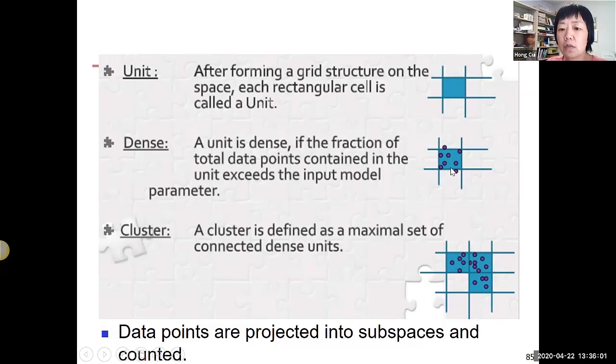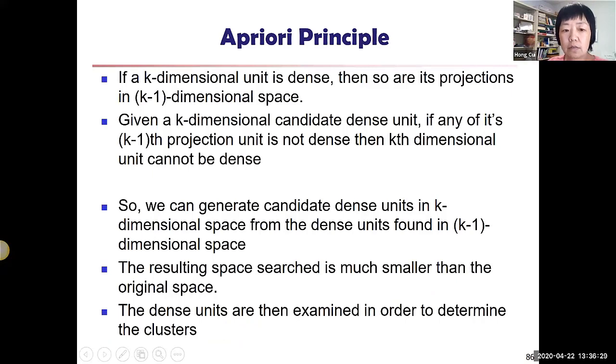Clustering is just when this dense area has other neighboring dense areas, we connect them to form clusters. So data points are multidimensional, but they are projected into subspaces. Even if you have three-dimensional data, we can project it into two-dimensional space and count. I have examples later to show that.